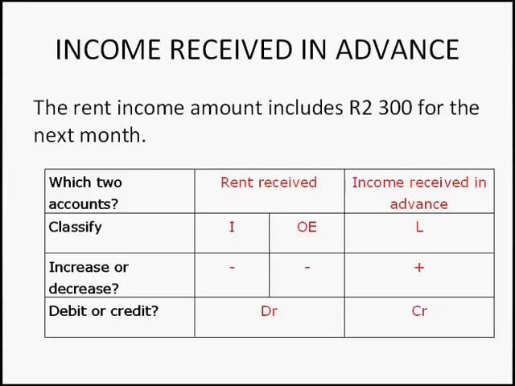An income decreases on the debit side because normally an income increases on the credit side. So in this case, because my income decreases, it would be a debit entry, so rent received would be debited. And income received in advance, because it's a liability that increases, liabilities always increase on the credit side. So I'll know that I'm right because I've got one debit and one credit.